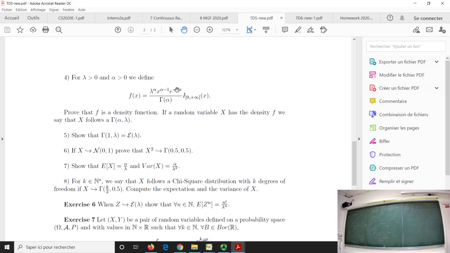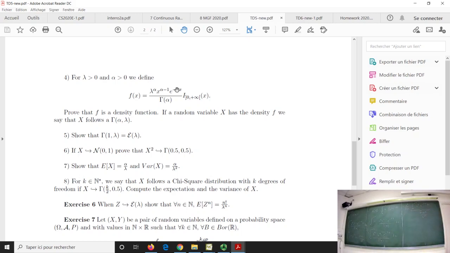I obtain my integral in white from the formula in red if I replace alpha by alpha plus 1. If I replace alpha by alpha plus 1 in this formula, I make exactly this term appear. And so I obtain gamma of alpha plus 1 over lambda to the power alpha plus 1.